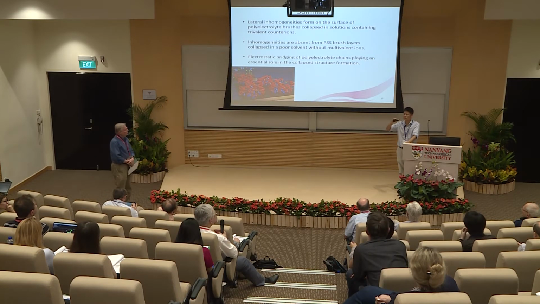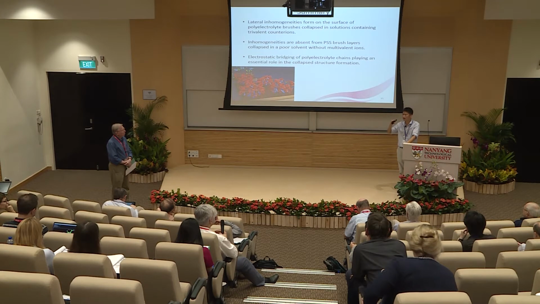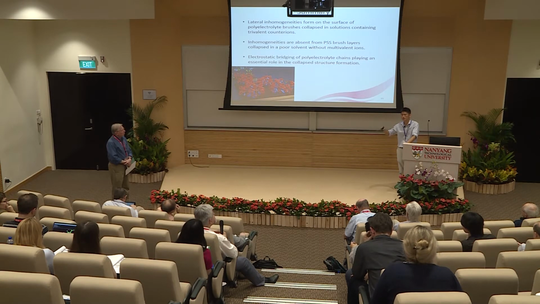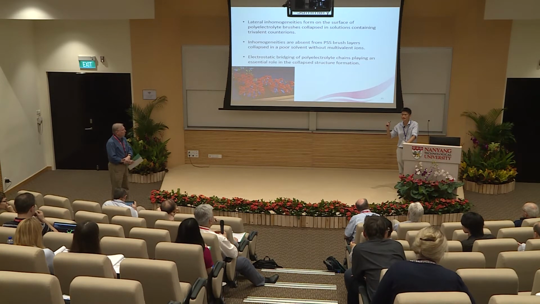Do you mean that when you have this osmotic model, you can... Right, I actually looked at it. We get a very similar first-order transition-like structure change when we increase the trivalent salt. Now, I don't think in that model you can predict this micellar or inhomogeneous collapse structure.